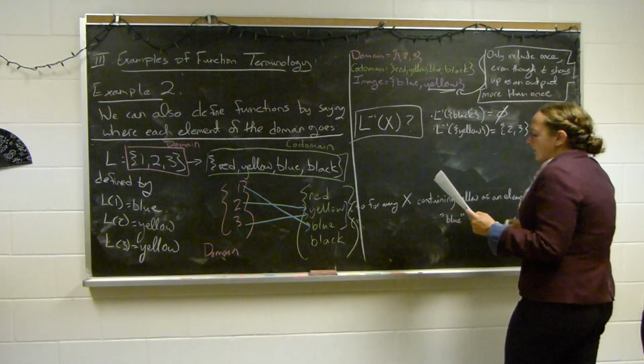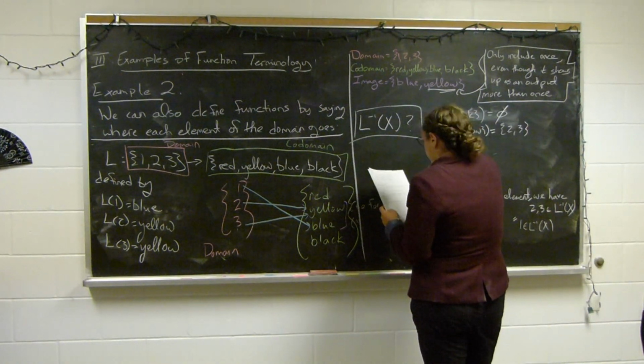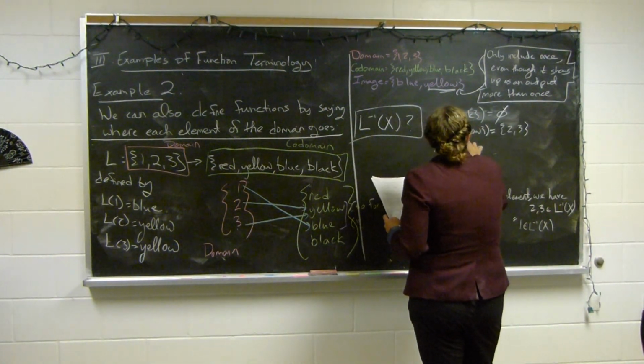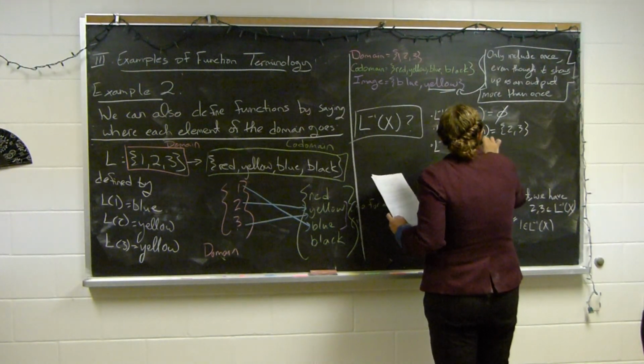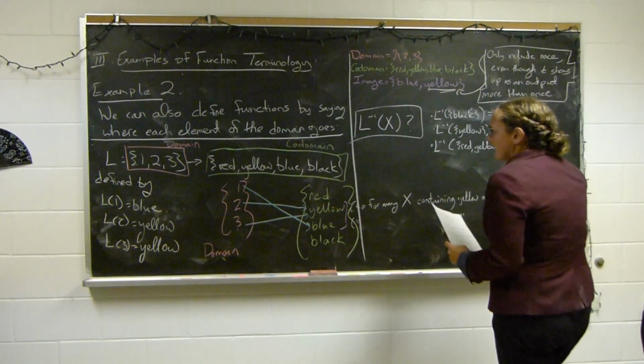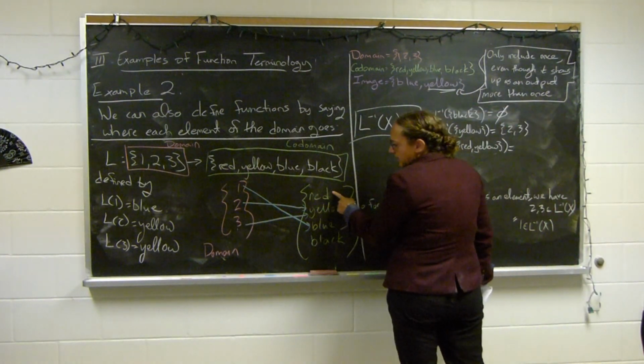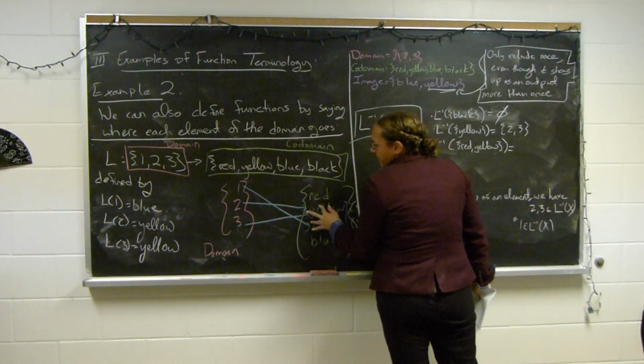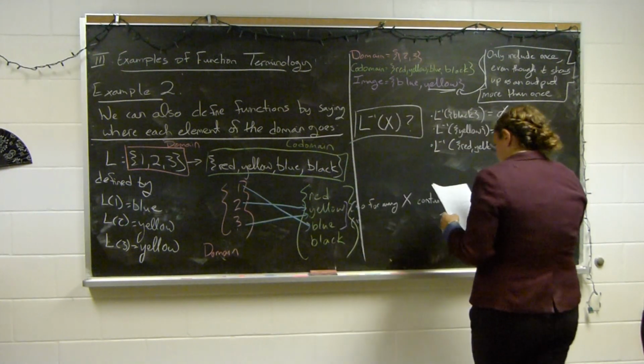I can keep on going. What if I put red and yellow? Well, nothing mapped to red, so that doesn't actually add anything. I still just need to look at what mapped to yellow, which would be 2 and 3.